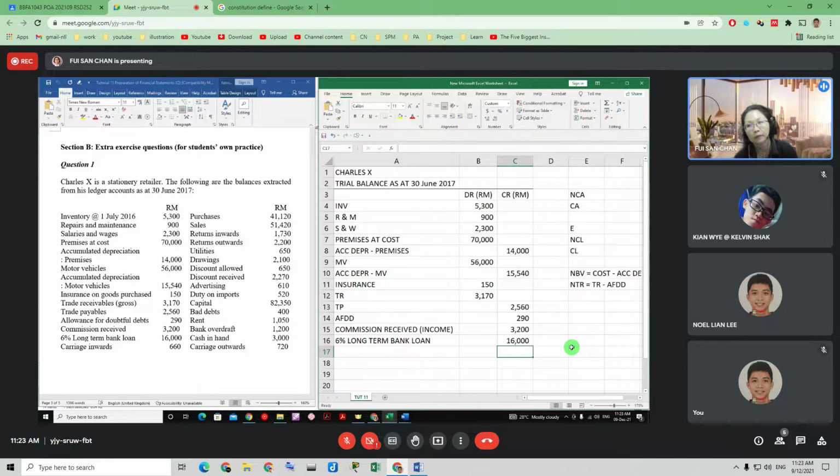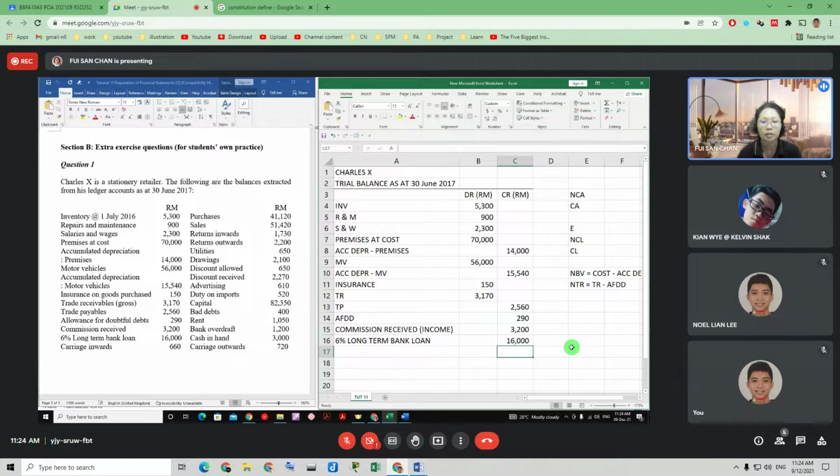No. If it is to be paid within 1 year, it is current liability. Still credit, but we categorize it under current liability because we are going to settle it within 1 year. If it says long-term, we just assume it's over 1 year. So normally, if you see the word long term, it is a non-current liability, right?